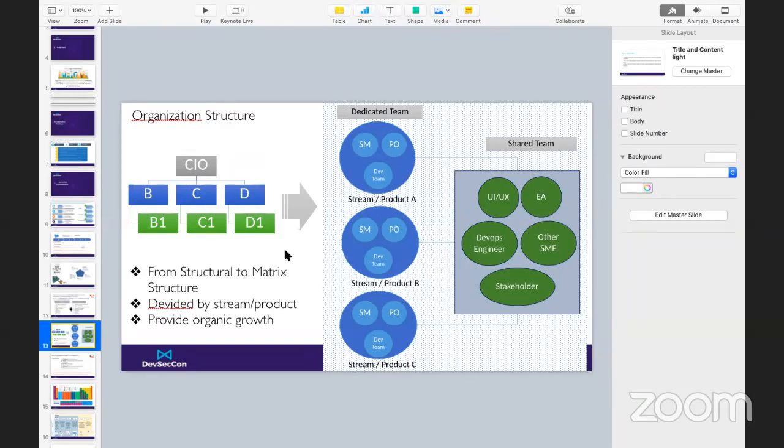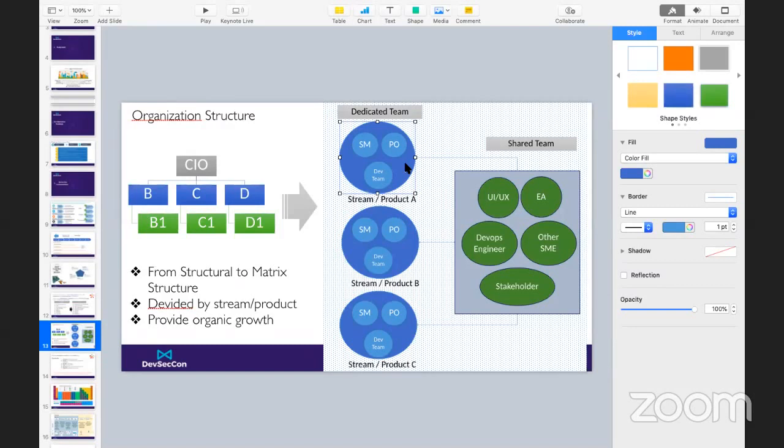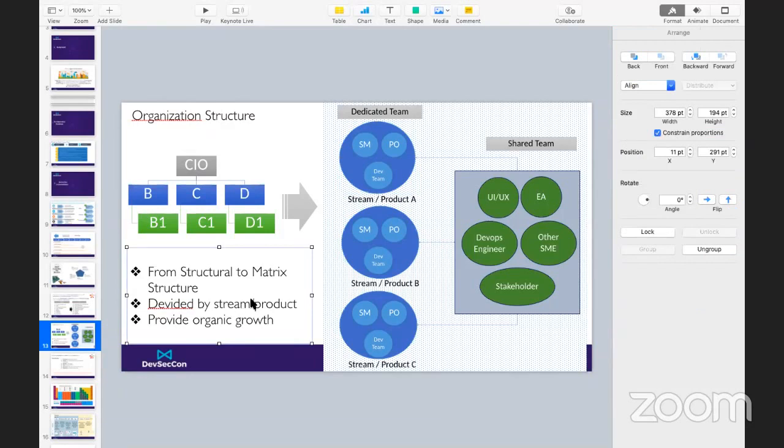Why do we need the matrix structure? Everyone is like one circle, you have some role inside and you do some collaboration with each other.